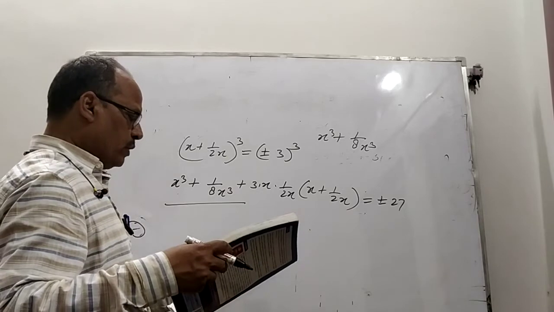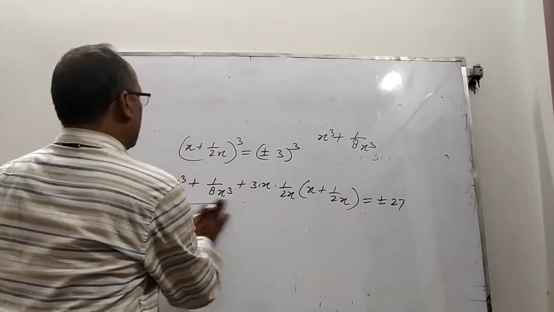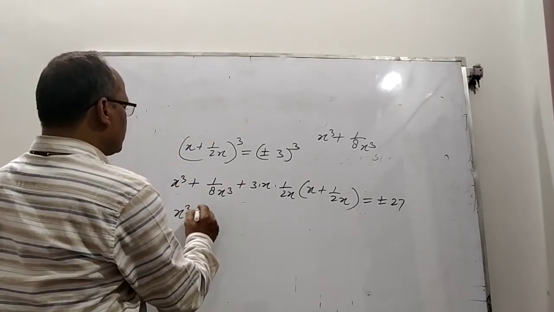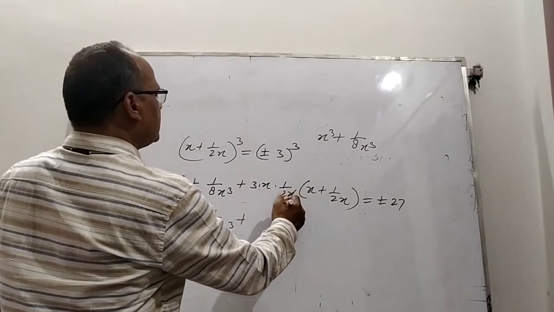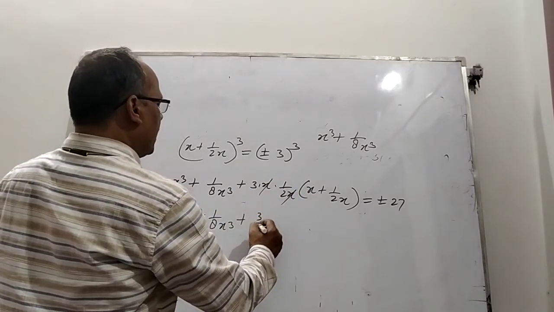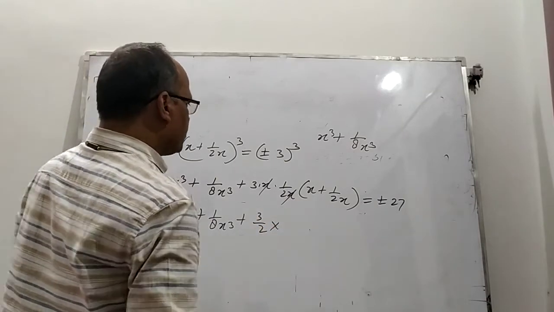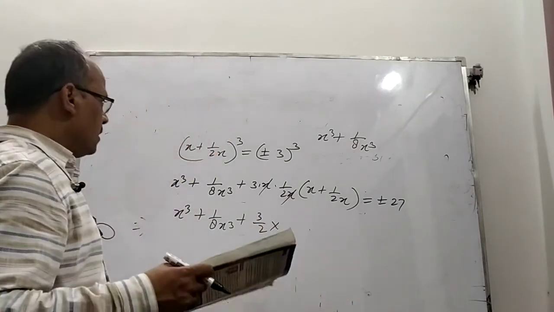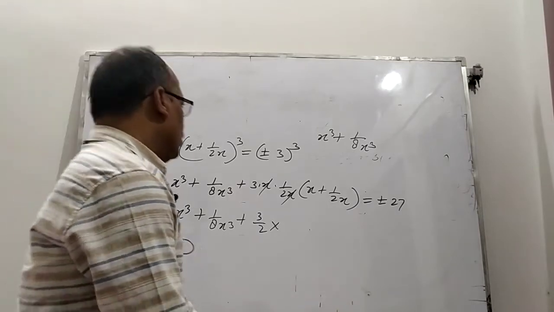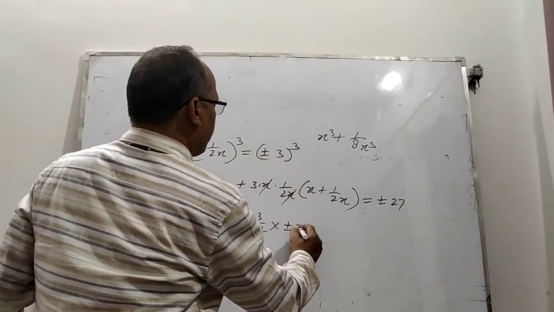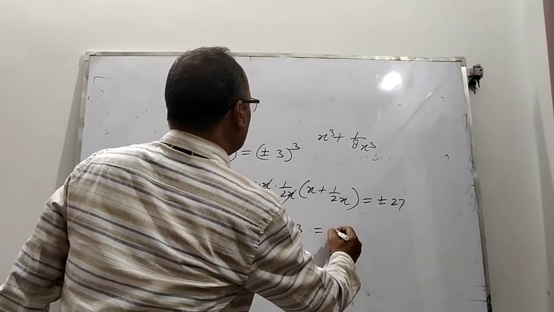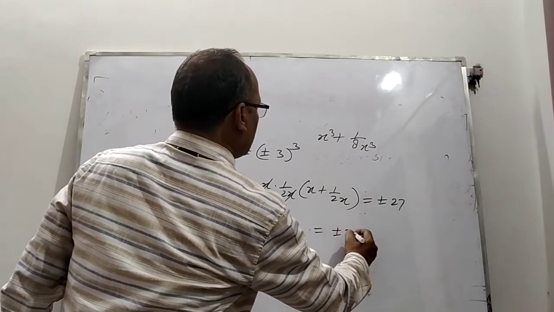Oh, we want to get this value. x cube plus 1 upon 8x cube plus 3 by 2 into (x plus 1 upon 2x) equal to plus minus 3, equal to plus minus 27.